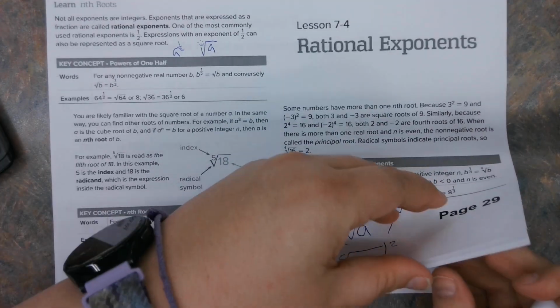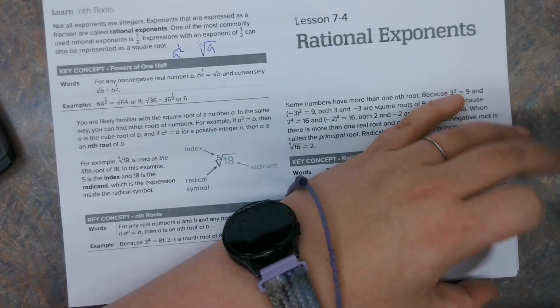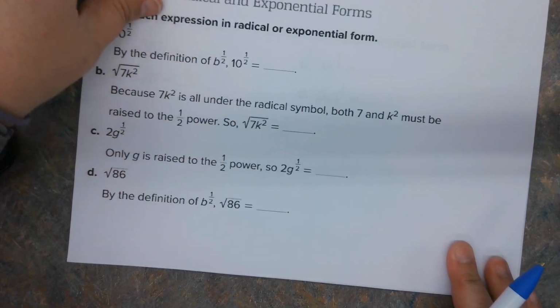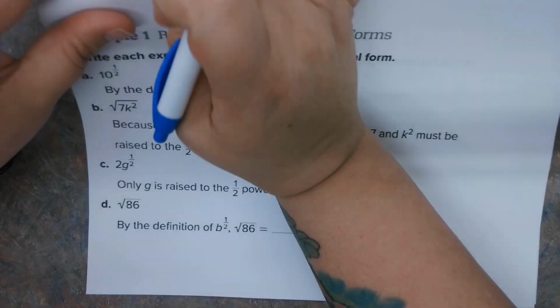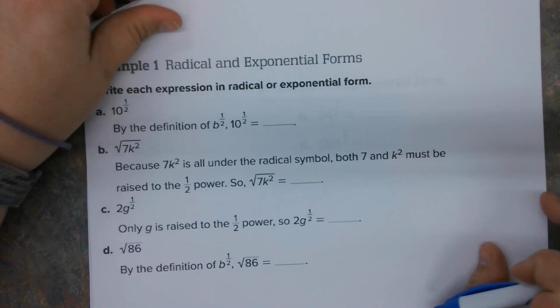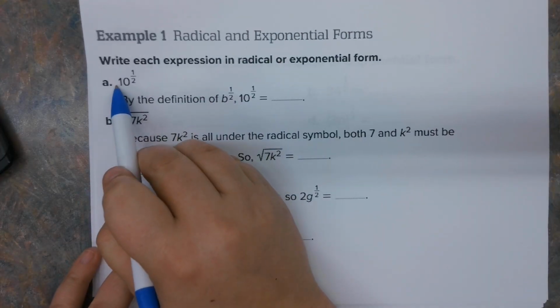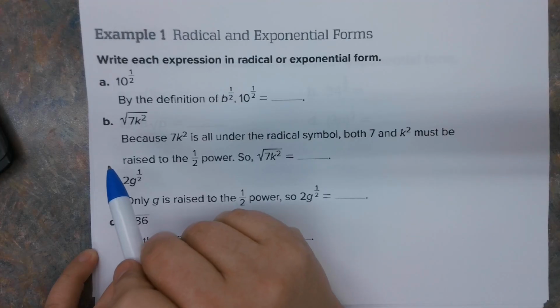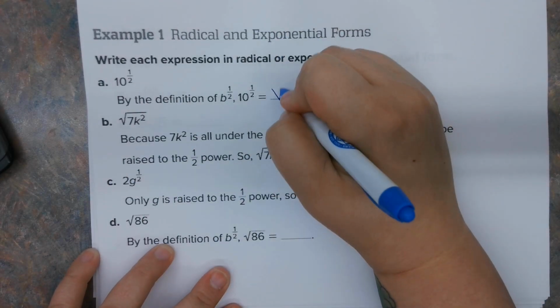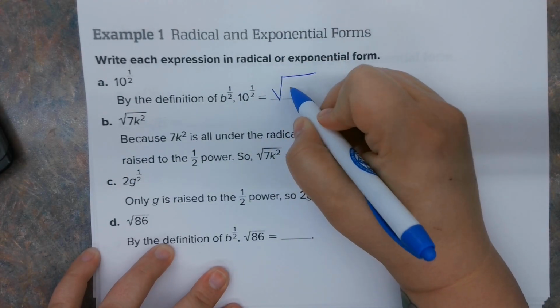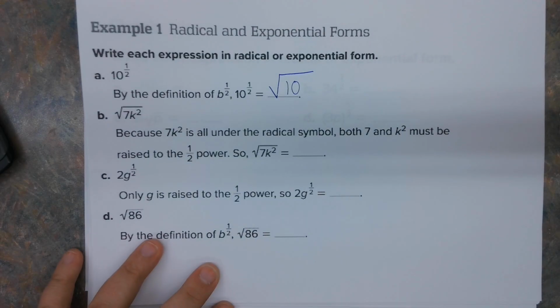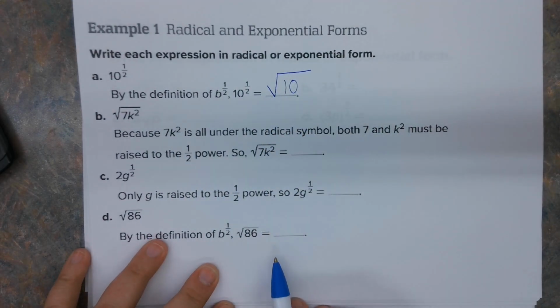Okay, let's take a look. A lot of today's work can be done in a calculator, so pay attention so you understand how to use the calculator. So I have 10 to the 1/2 power. Well, 1/2 means there's an invisible 2 there and a 10 on the inside. So it's a square root of 10.